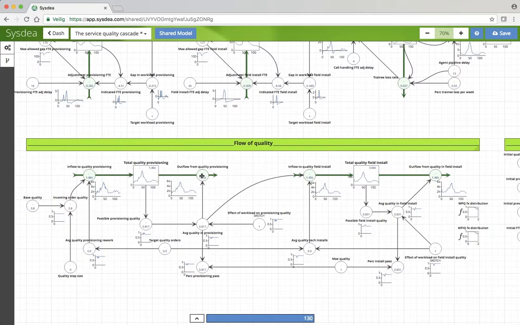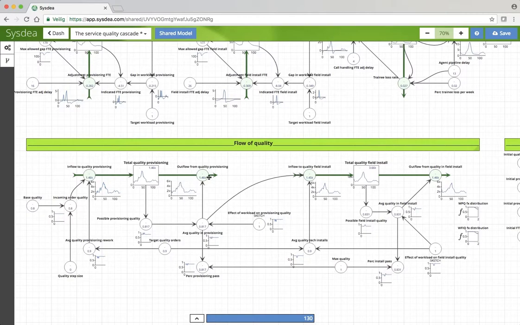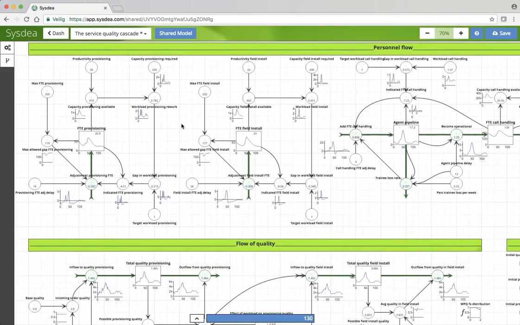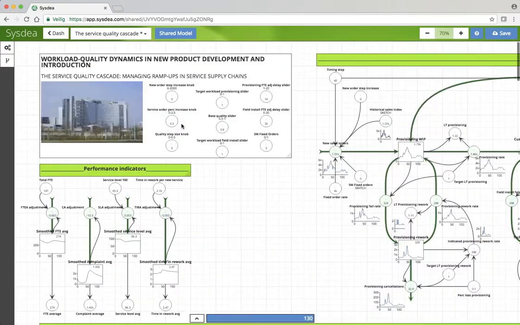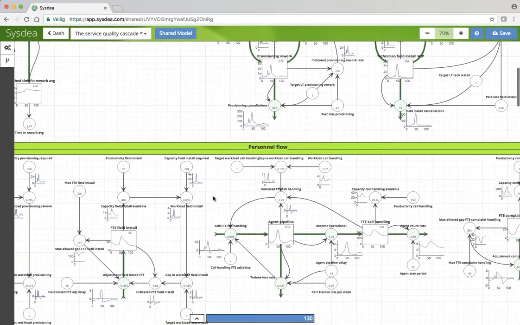Two flows are going out: one to the regular state of provisioning, and another one from the rework rate. But the rework rate we assume is then at the normal target level.